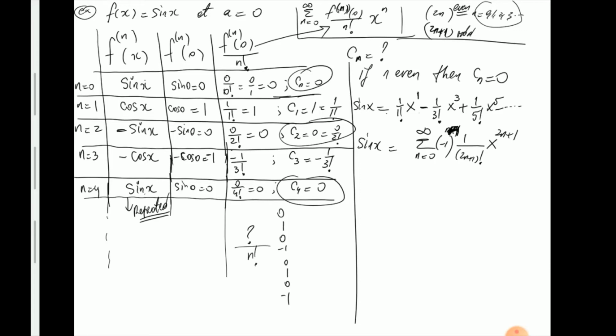Actually, this will be minus 1 to the n, sorry. So when n is equal to 0, I have a positive number, 1 over 1 factorial. So it's minus 1 to the n, x to the 2n plus 1 over 2n plus 1 factorial.